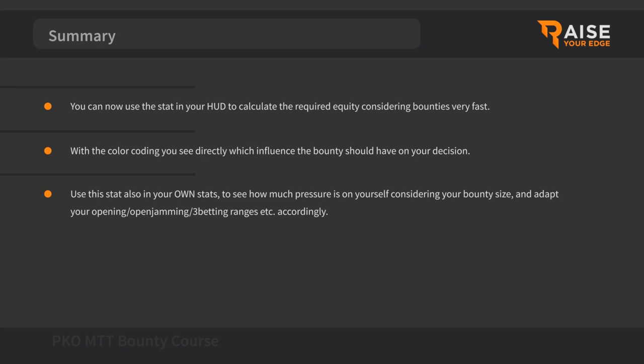Little side note: all the calculations were made for the chip EV case. And of course, ICM can and will have an influence on the equities which we calculated. So if there is a finite two-tailed situation or a finite table situation, of course ICM will have influence and will diminish your equity.